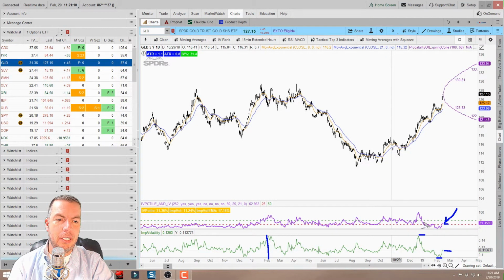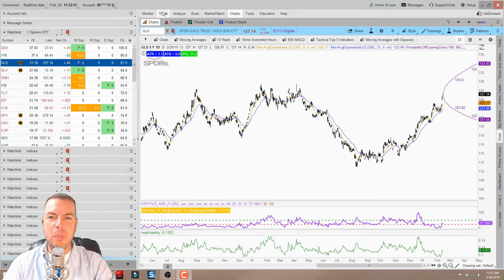It's just giving us a ranking of where we are in relation to the highest implied volatility that we've had over the year and the lowest implied volatility that we've had over the year. So we can add this indicator on our screen here, or we can just add this chart label right up here that tells us, hey, we're at 31.4%.